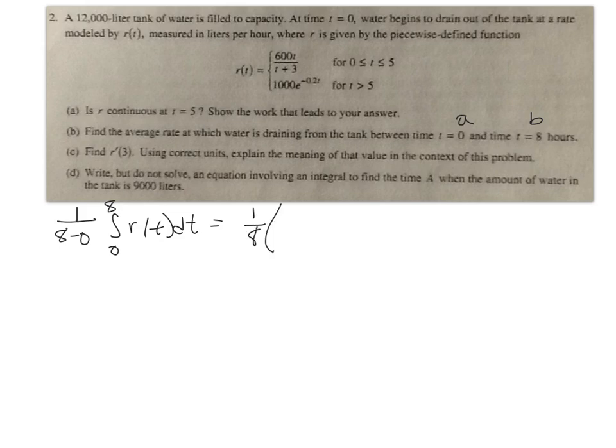So it's going to be 1/8 times the integral from 0 to 5 of 600 t over t plus 3 dt plus the integral from 5 to 8 of 1000 e to the negative 0.2 t.